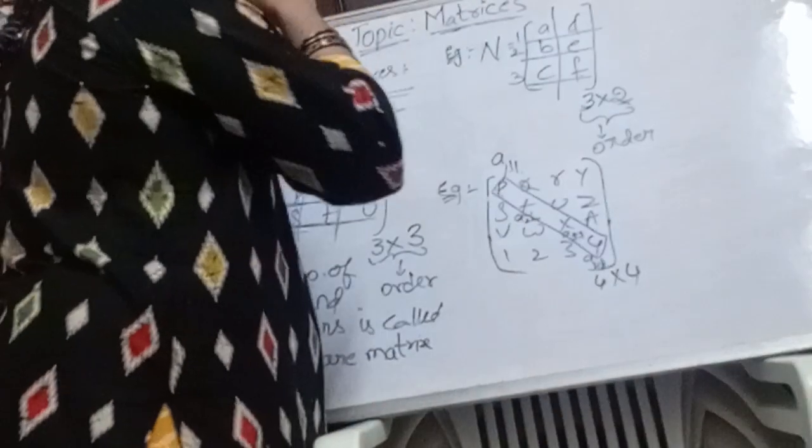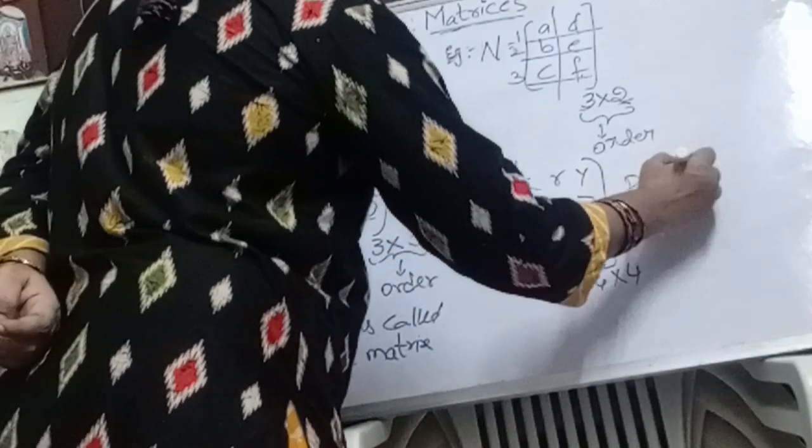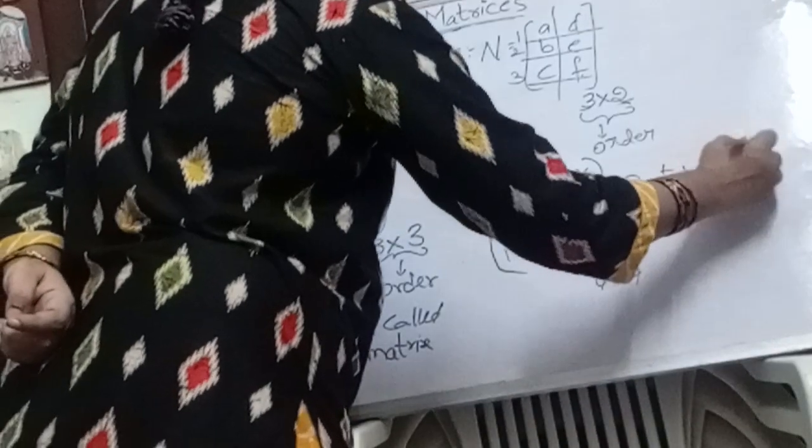Next, if you take these elements, the sum of these elements, that is P plus T plus X plus 4, if we do the sum of the diagonal elements, we call that the trace of that particular matrix.